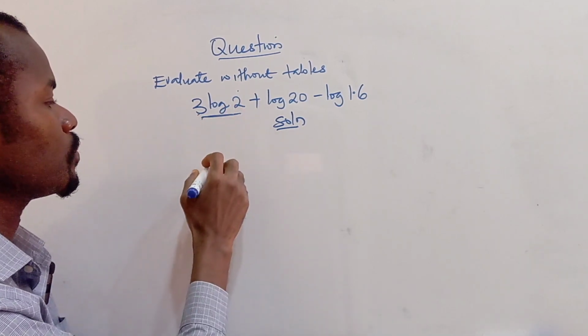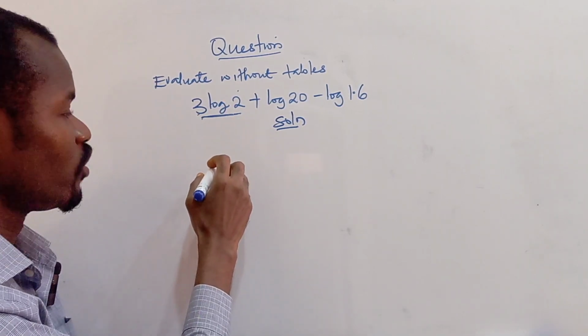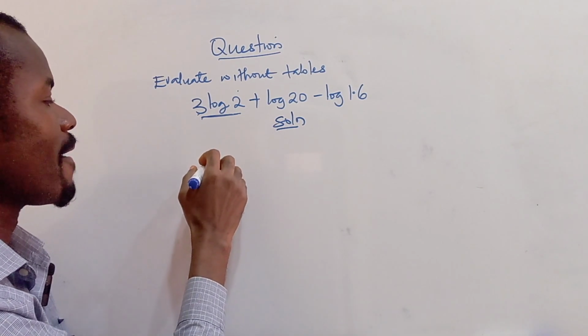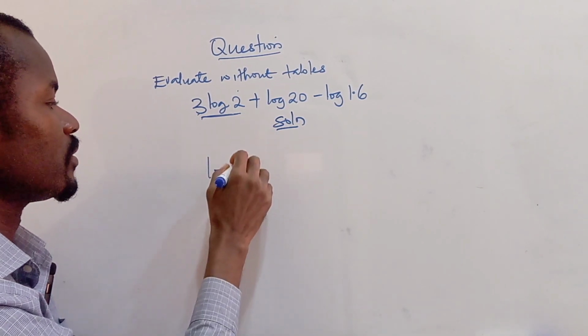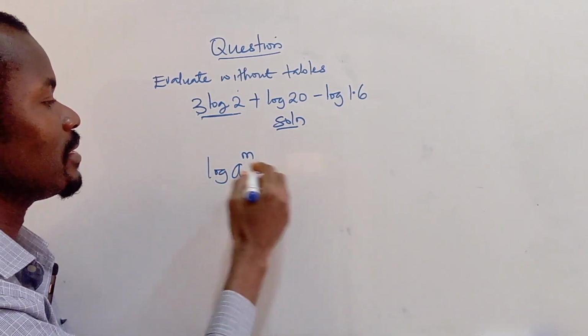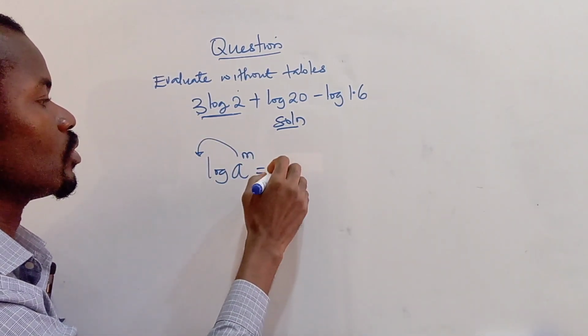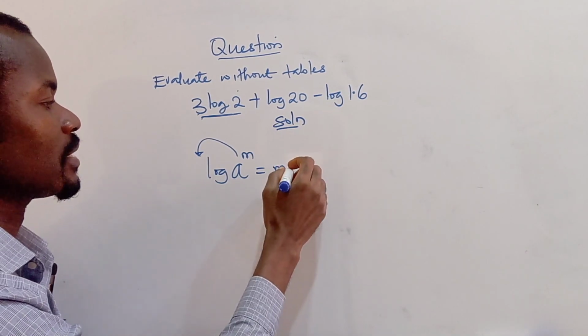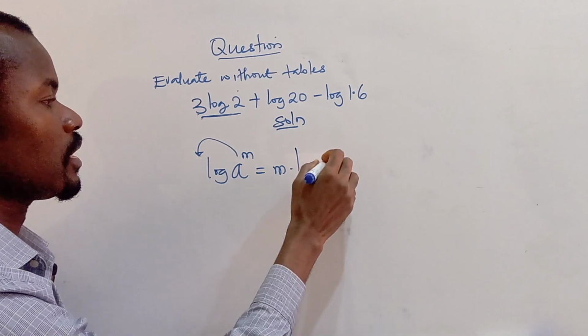3 log 2. I want to apply the power of number law. So if I have log a raised to power n, we can write this as n times log a.